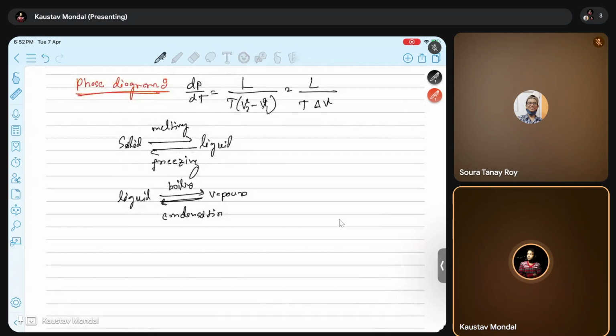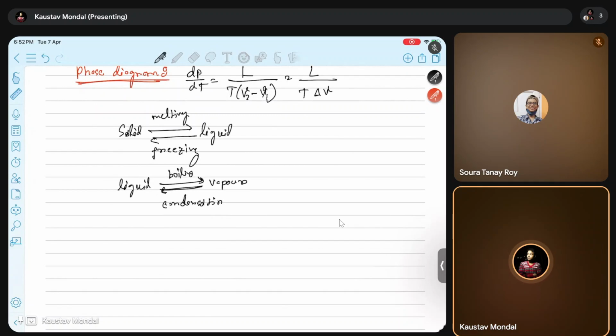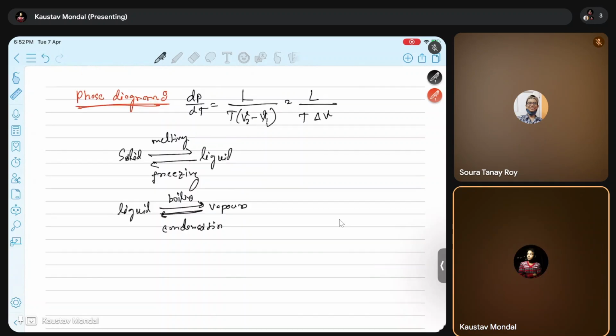And lastly, there are some materials that, if you heat them, can turn directly from solid state to gas state. Solid to vapor, the process is known as sublimation. And vapor to solid is solidification.